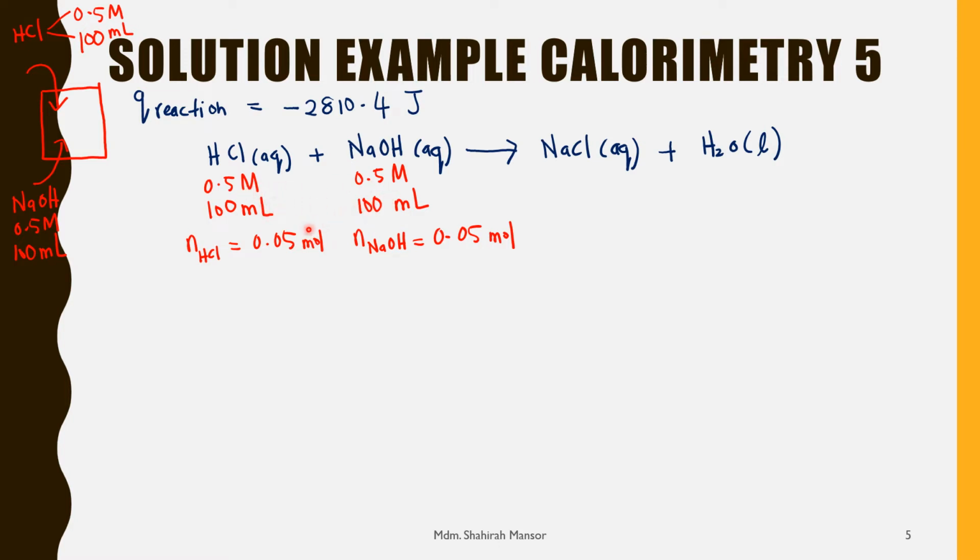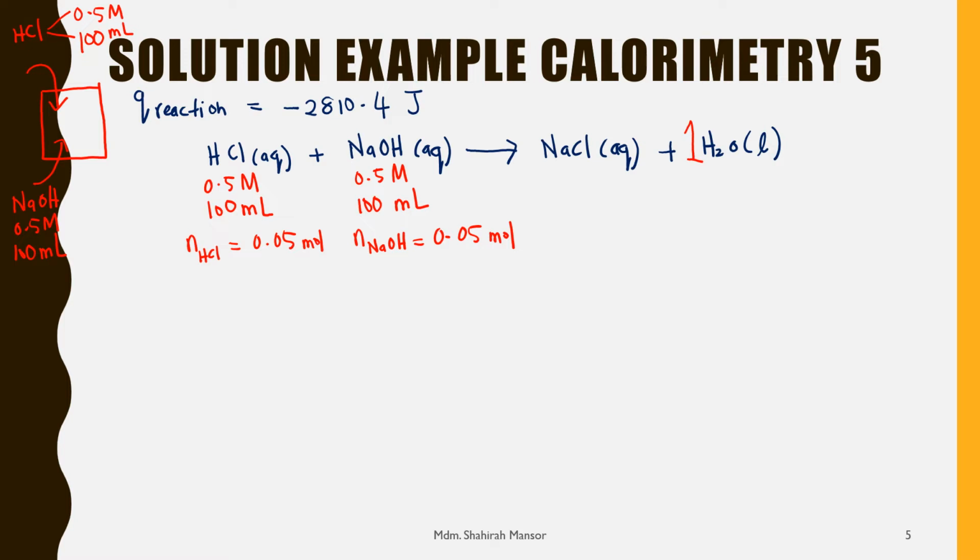So from these two nilai, you could find the number of mole for the respective acid dan juga base. So in this soalan, kita nak cari enthalpy of neutralization, di mana enthalpy of neutralization merujuk kepada 1 mole of water form from the neutralization reaction.